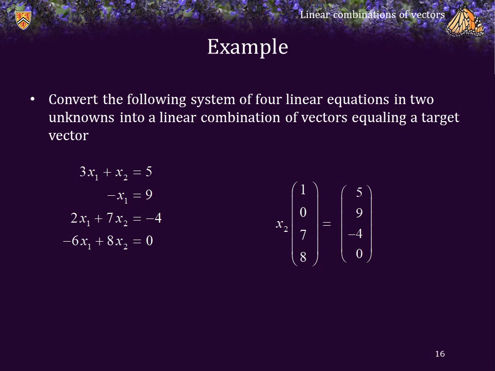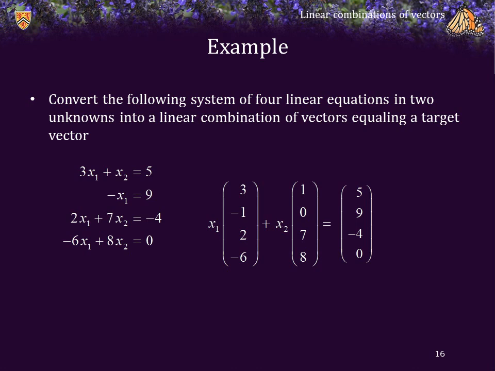And the coefficients of x1 are 3, -1, 2, -6, yielding the following. So here we now see that the target vector is being determined whether or not a linear combination of the first two vectors could possibly ever be equal.